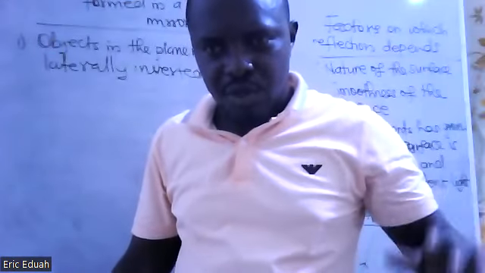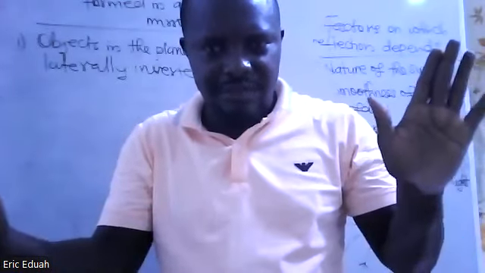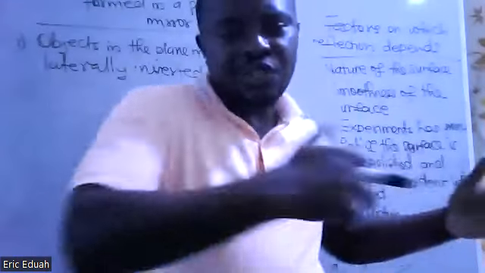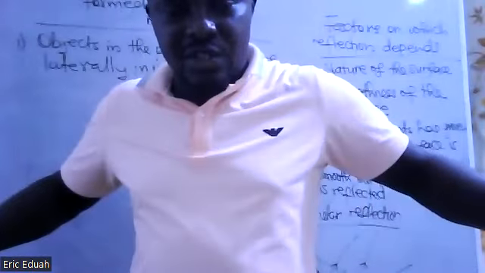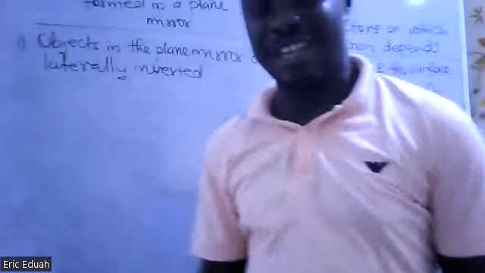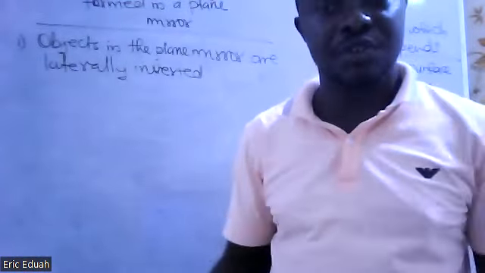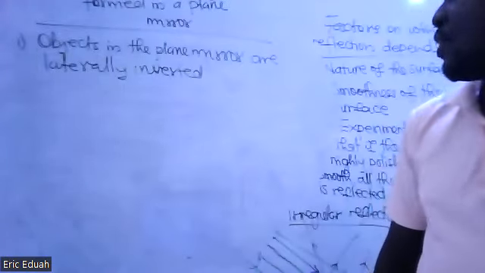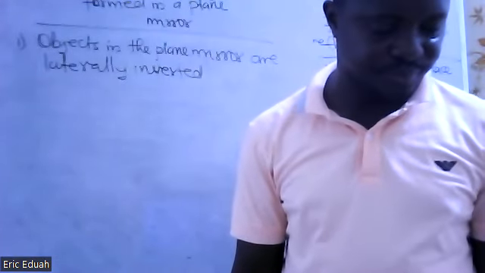You read a book, and it's always as if the book is turned this way. We call this lateral inversion. This is my lateral side, so it's as if I'm turned this way. So we said that objects in a plane mirror are laterally inverted. Please, are we fine?